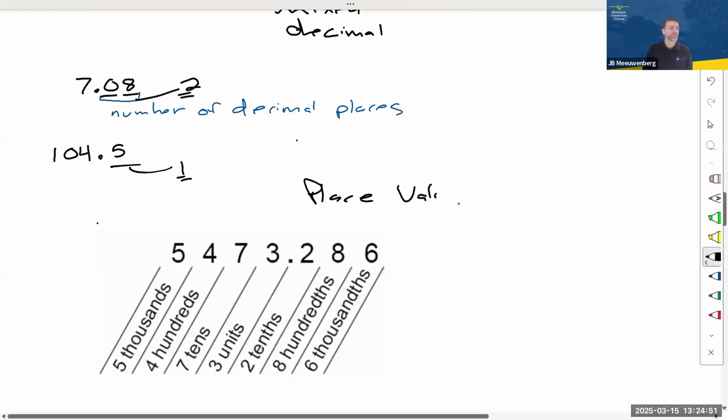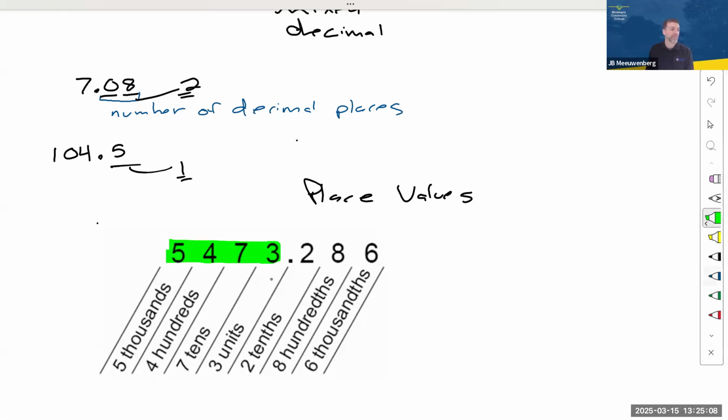We talked about place values earlier in the course when we talked about having a base 10 number system, and specifically we were looking at the whole numbers to the left side of that decimal point. What you'll see is that we've got 3 in the units position or the ones place, 7 in the tens place, 4 in the hundreds place, and 5 in the thousands place. Again, those are all based on powers of 10.